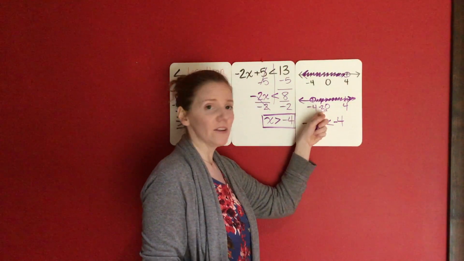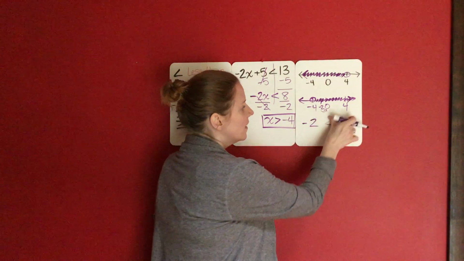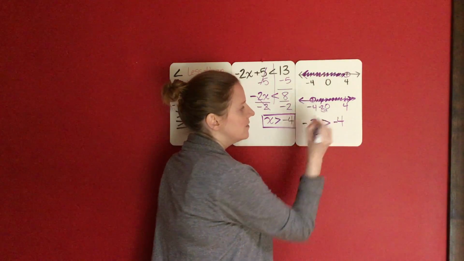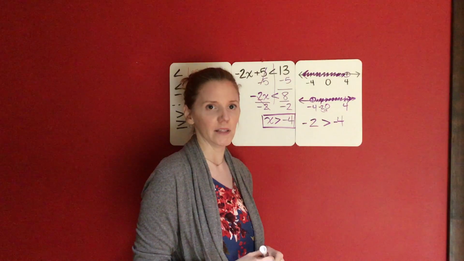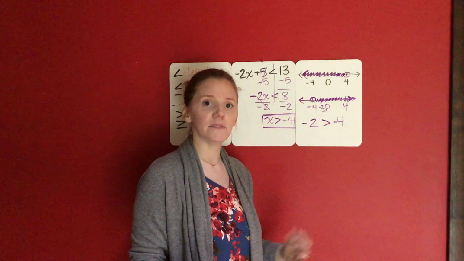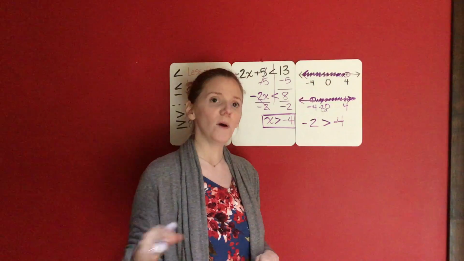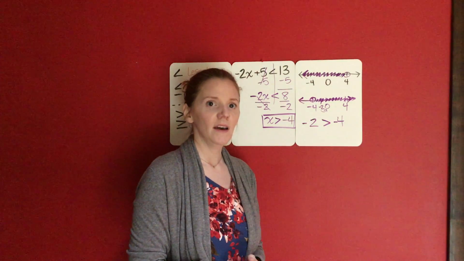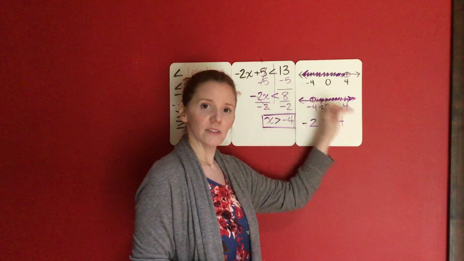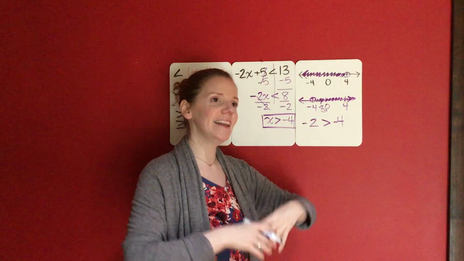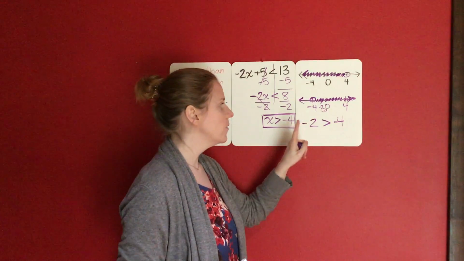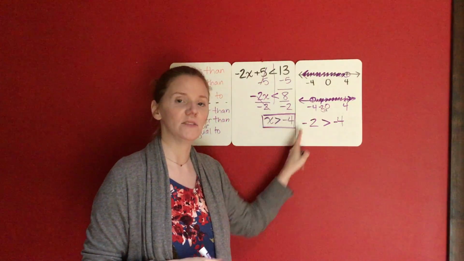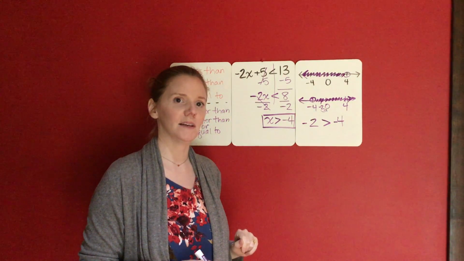Therefore, it's actually greater than negative 4. That's why when we multiply or divide by a negative sign, we have to change the direction of the inequality. That was the only big difference between solving an inequality and solving an equation. Our answer can usually be any of an infinite number of numbers, and if we divide or multiply by a negative in our final step, we flip the inequality sign.